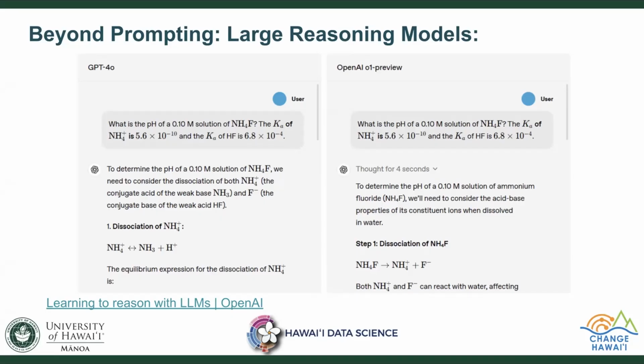Normally, researchers have used reinforcement learning to train those so-called large reasoning models to perform chain of thought reasoning, and the model will get used to always thinking before giving an answer.